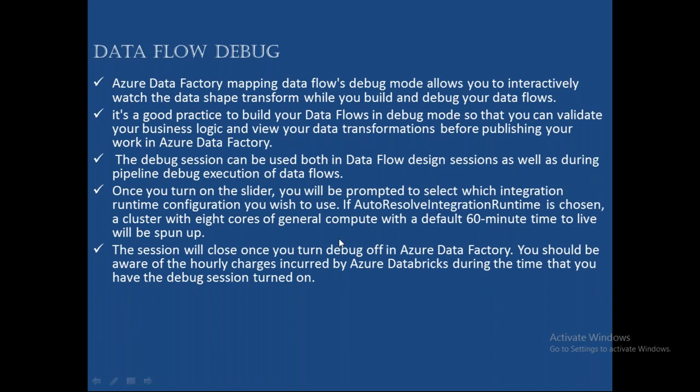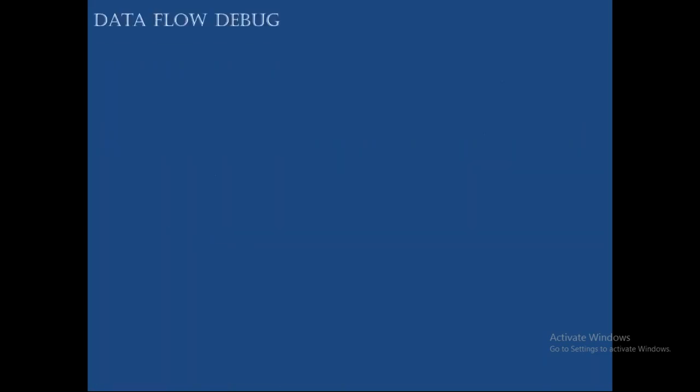So Spark needs memory optimized because it's in memory, right? So memory optimized is a little bit costlier. That's why it will be $0.3 per hour. Okay, so if you convert that into INR, it will be some 22 to 23 rupees per hour. Very careful. Okay, next, data flow debug.